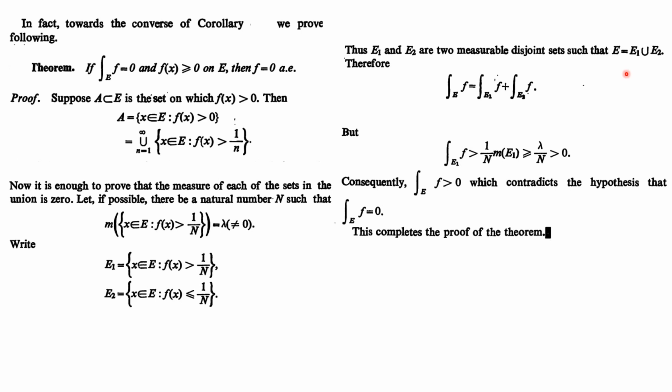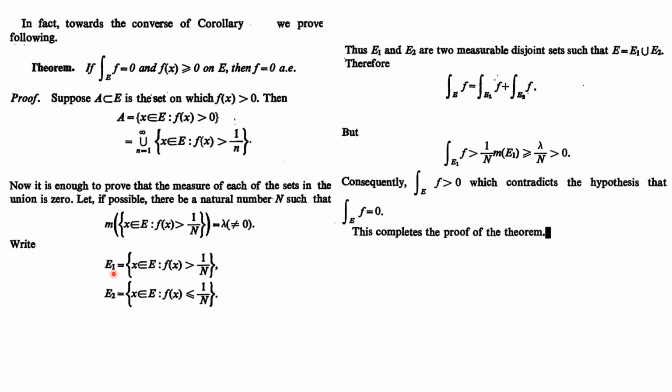Therefore, the integral of f over E, by the last property, is the integral of f over E1 union E2, where E1 and E2 are disjoint, which is the integral of f over E1 plus the integral of f over E2. Now just see what is the value of the integral of f over E1.